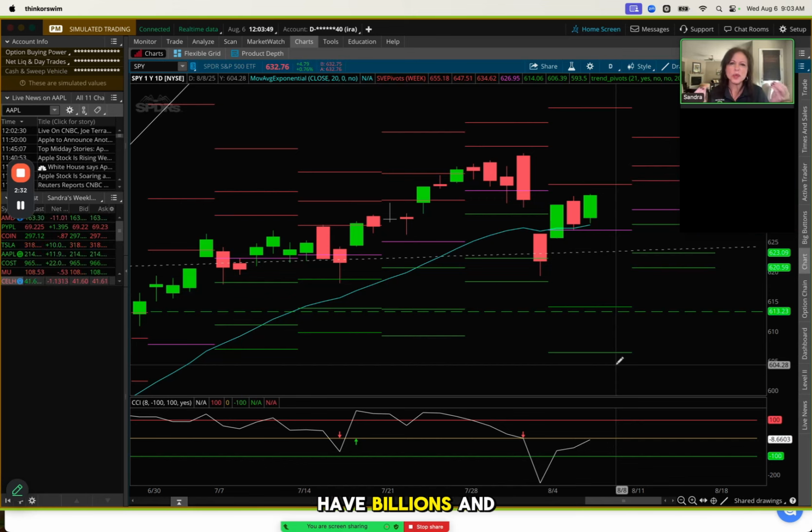And because they have billions and billions of dollars in options and stocks, they are able to move, believe it or not, this is very interesting if you don't know this, those shares and stock between other conglomerate companies without it actually affecting the stock market like in traditional senses.